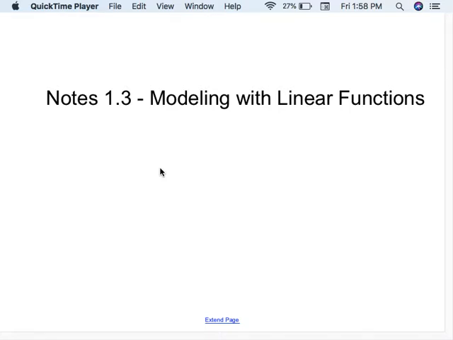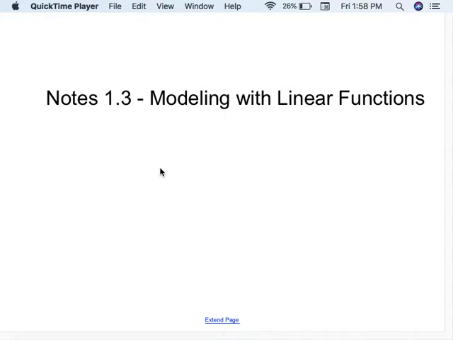And the other part is something called the line of best fit, where there are points out on the graph that are not all on the same line, but they're looking like they're following a line, and so we make a line that models those points. It won't be those points exactly, but it's a good model for that. So today is modeling with linear functions.